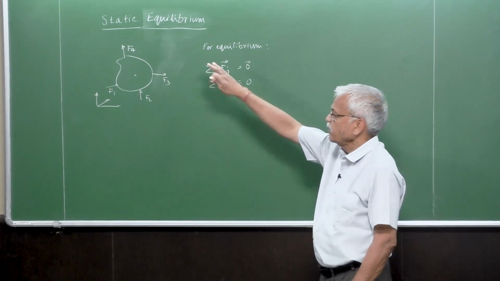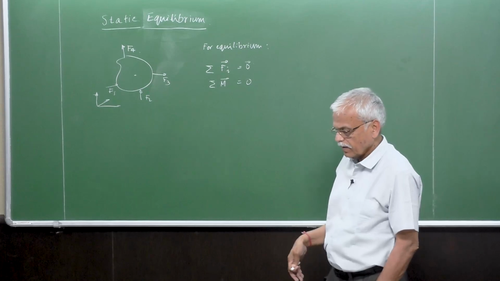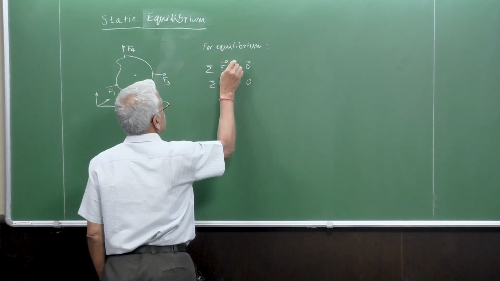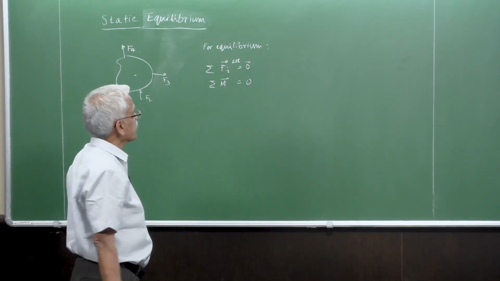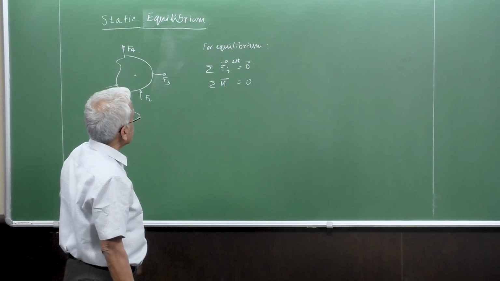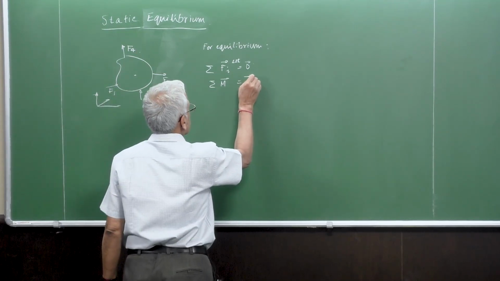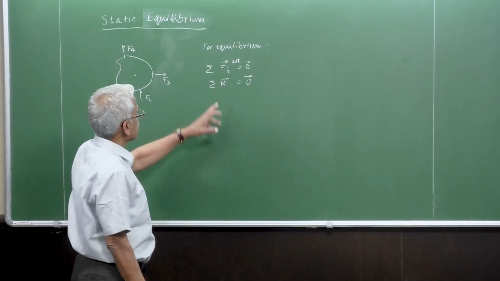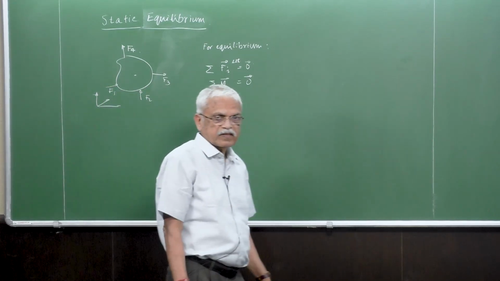So essentially, if you have a body under equilibrium, the total Fi, obviously external forces, all these are external forces, no internal forces, sigma Fi is 0 as well as sigma M is 0, in the sense that the moments of all these forces about the various x, y, z axes are 0.